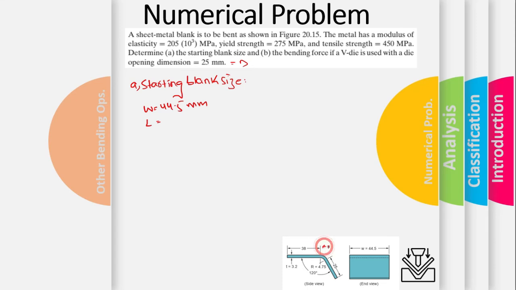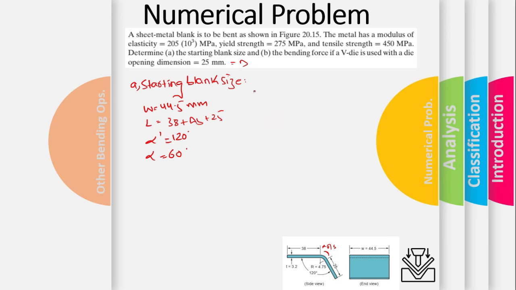The total length would be 38, plus this bent area, the bend allowance we have seen in the previous slides, plus 25. So we have 38 plus the bend allowance, the stretching on this bent area, plus 25. We have the included angle of 120 degrees and the external angle of 60 degrees.